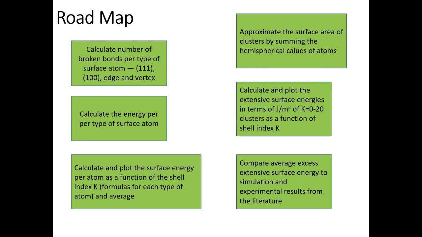Which one is the best one? That's hard to say. We have to plot it and see. But you'll see it's going to be radically different. You have to be careful. All right, so this is kind of to sum up, we want to calculate the energy per atom for each of the 4 kinds of atoms. That's what we really want to do first.